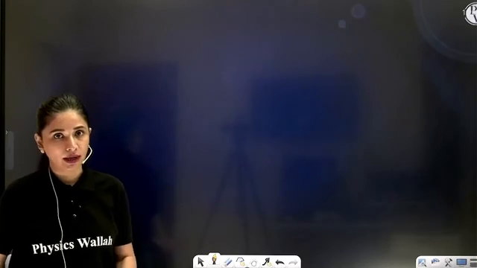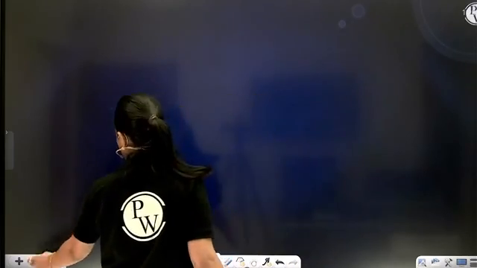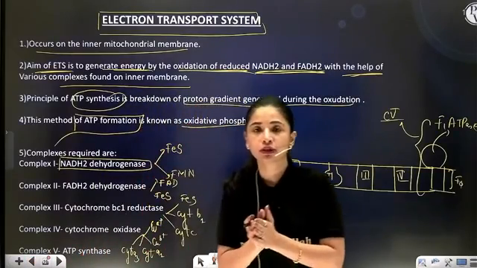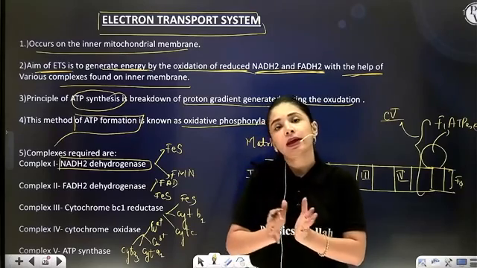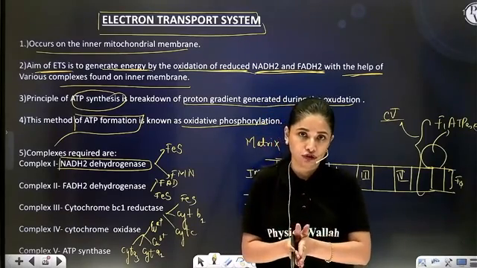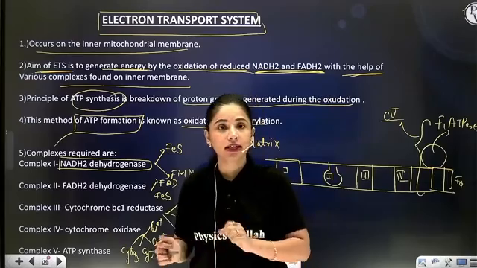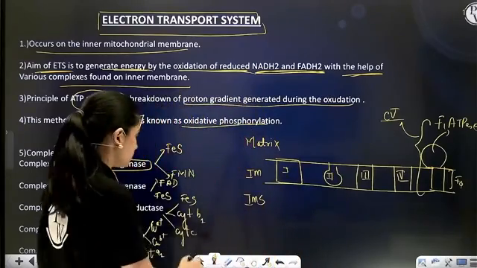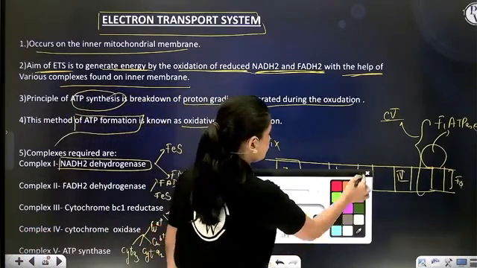of mitochondria. So here I am going to draw the inner membrane of mitochondria, but before that you should know that there are two equivalents which you have to oxidize: NADH2 and FADH2. For the oxidation of NADH2, complex 1, 3 and 4 are involved.